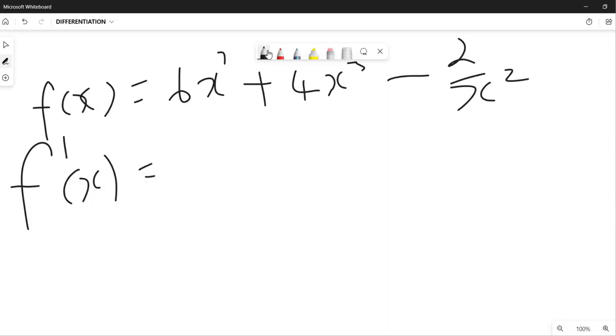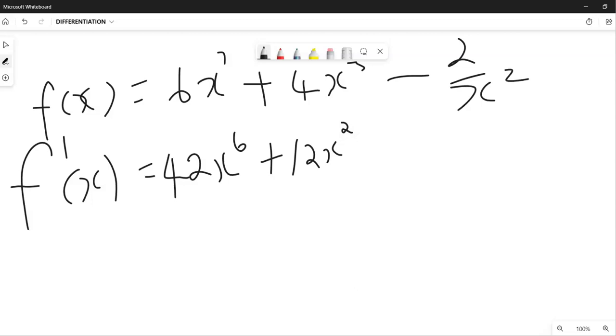So we're going to differentiate 6x to the 7th power: multiply the power by the coefficient, so 7 times 6 is 42, and lessen the power by 1, so 42x to the 6th power. Then we differentiate the next one. 3 times 4 is 12, lessen the power by 1, so 12x squared.